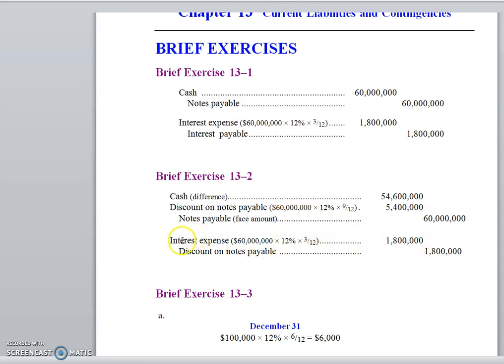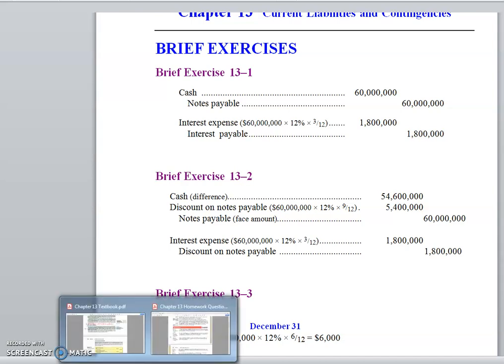So debit interest expense. Instead of interest payable, now we are crediting the discount on notes payable. So notice up here, our interest was debited to discount on notes payable. Okay, note payable is recorded again at the face amount, $60 million. Next problem.